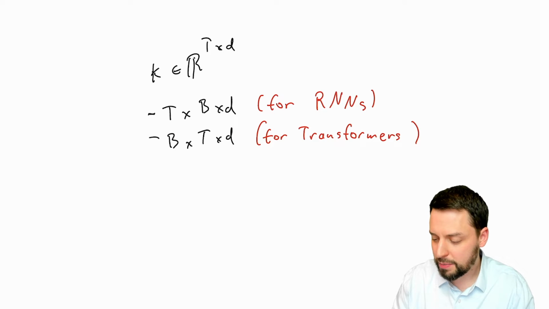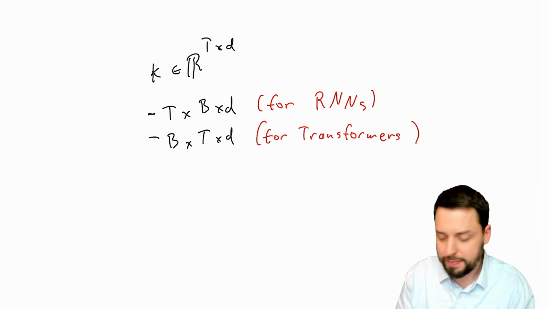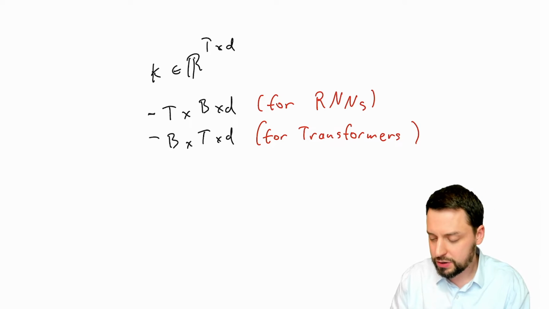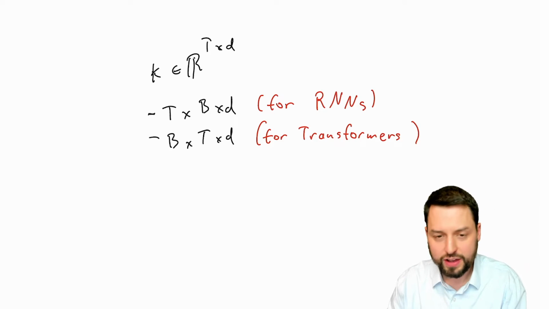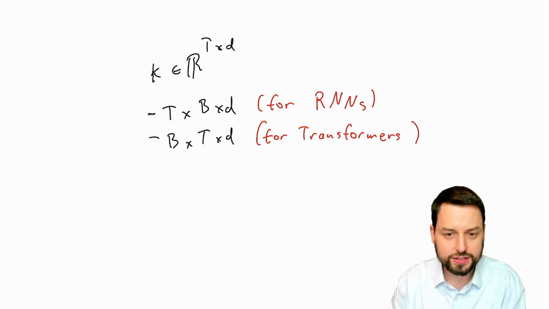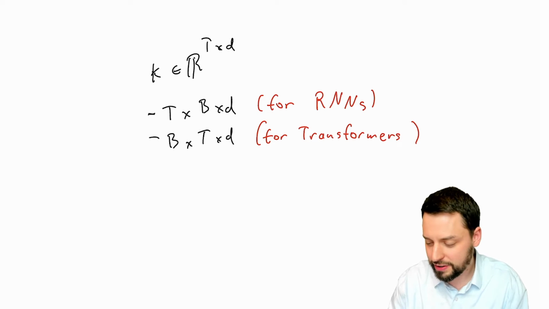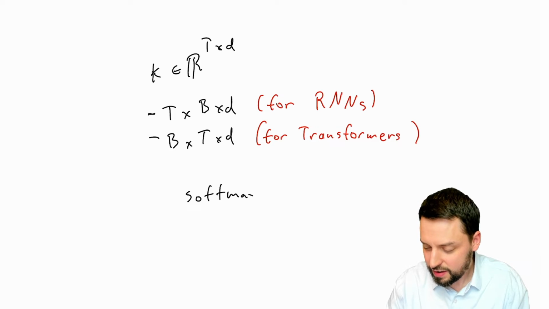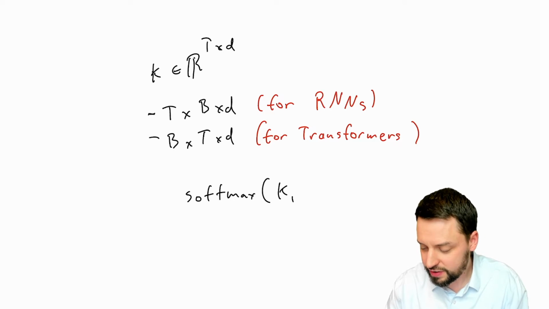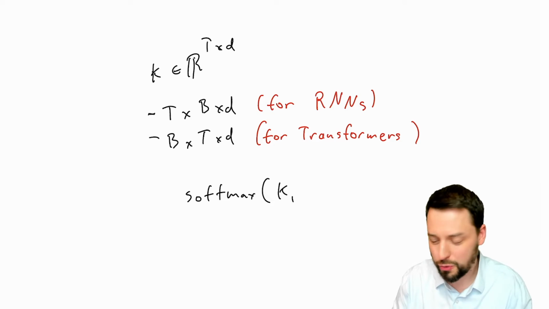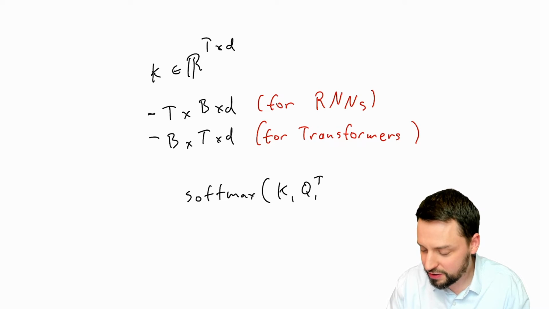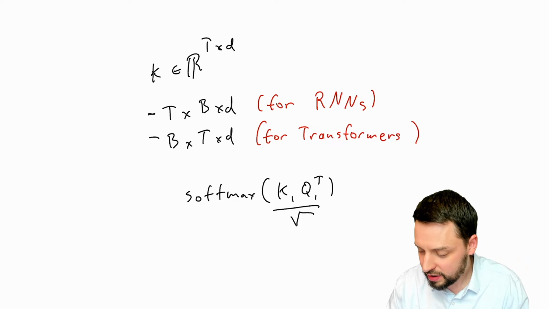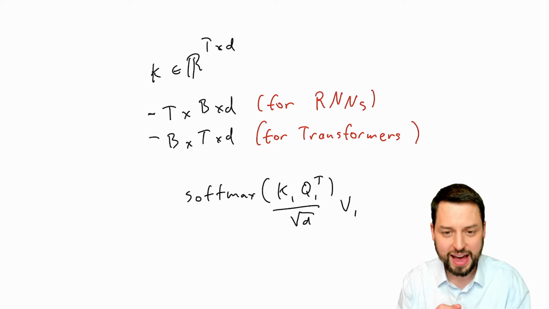But let's think a little more about what we want to do to process these in batches. We have our different batches, like K1 or K2, right? So if we have softmax of our first, that's not the first row of K, that's our first whole big K matrix, and Q1 transpose, this forms the output of our first batch.